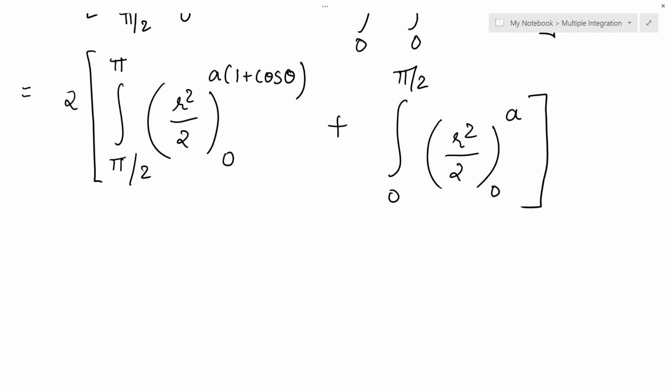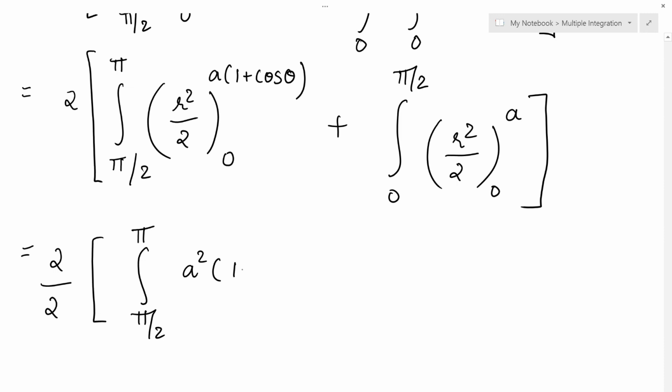Okay, so let's substitute the limits of integration. You can take 2 common if you want, so that the 2 can get cancelled anyway. Substituting the upper limit, that will be a square into 1 plus cos theta the whole square, from pi by 2 to pi, plus a square, from 0 to pi by 2.